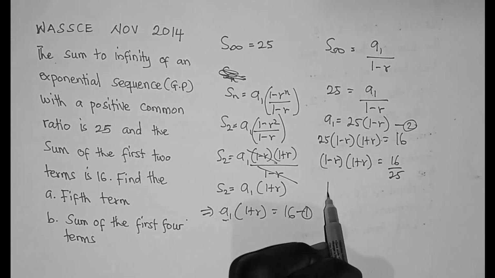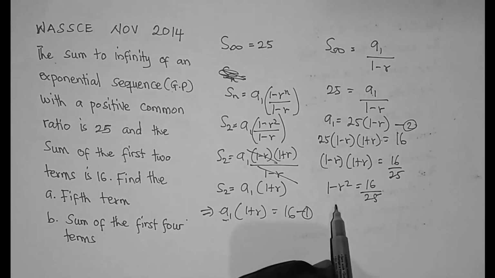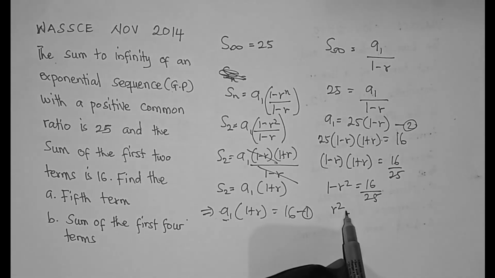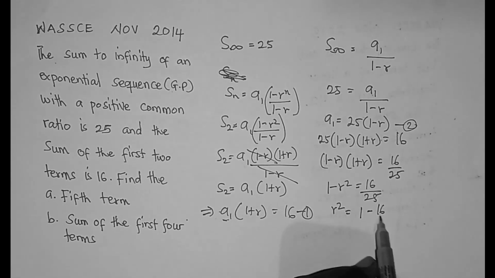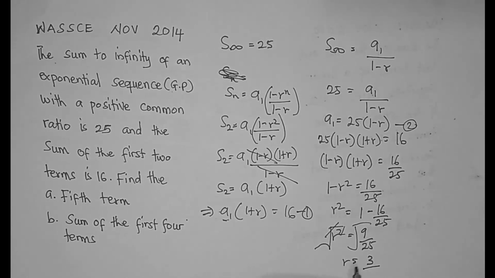So it becomes 1 minus r squared equals 16 over 25. Making r squared the subject, r squared is equal to 1 minus 16 over 25, which is the same as 9/25. So finding the square root on both sides, r is equal to the square root of 9, which is 3, divided by the square root of 25, that is 5.